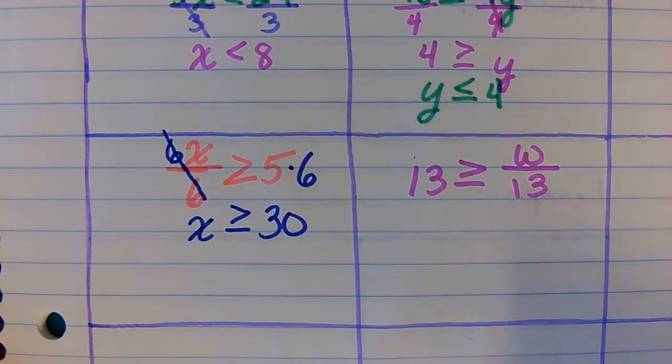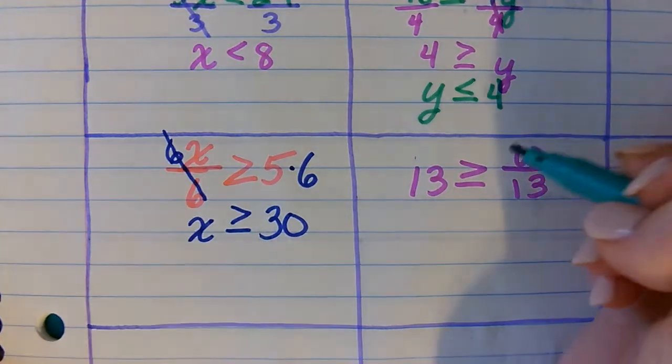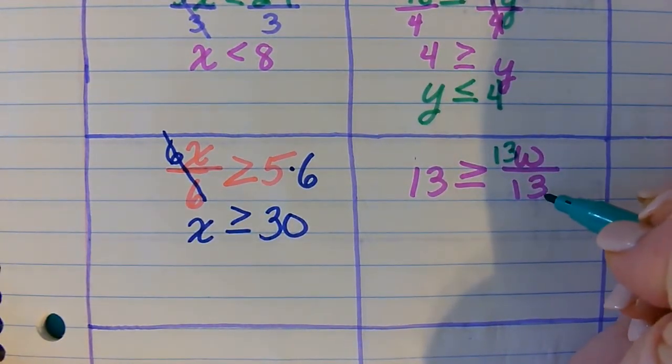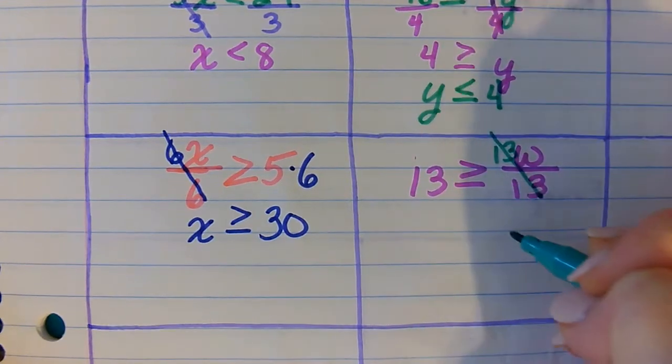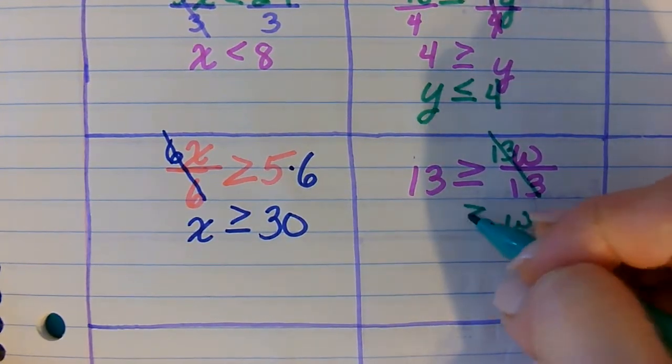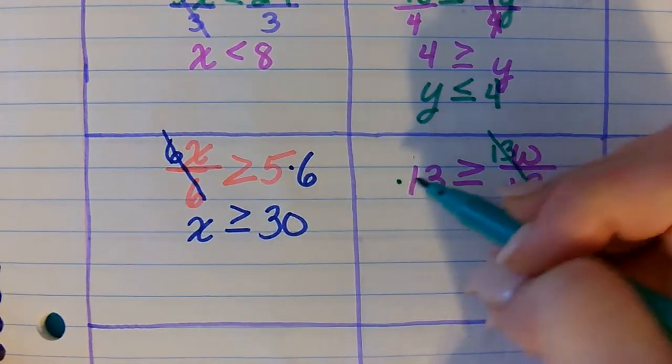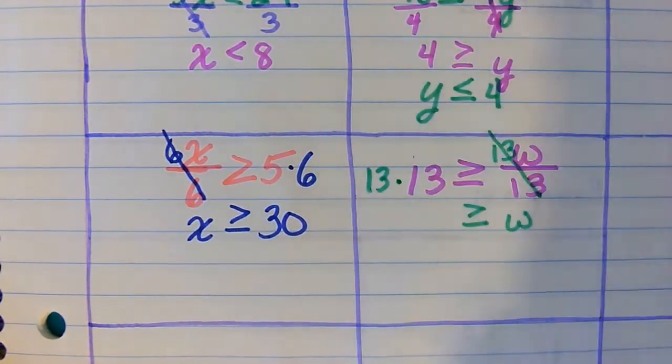And let's look. If you're dividing by 13, the opposite would be multiply. So if I put 13 up here, 13 times w divided by 13 means they cancel out and I can bring down w. Bring down the symbol and then times 13 over here.